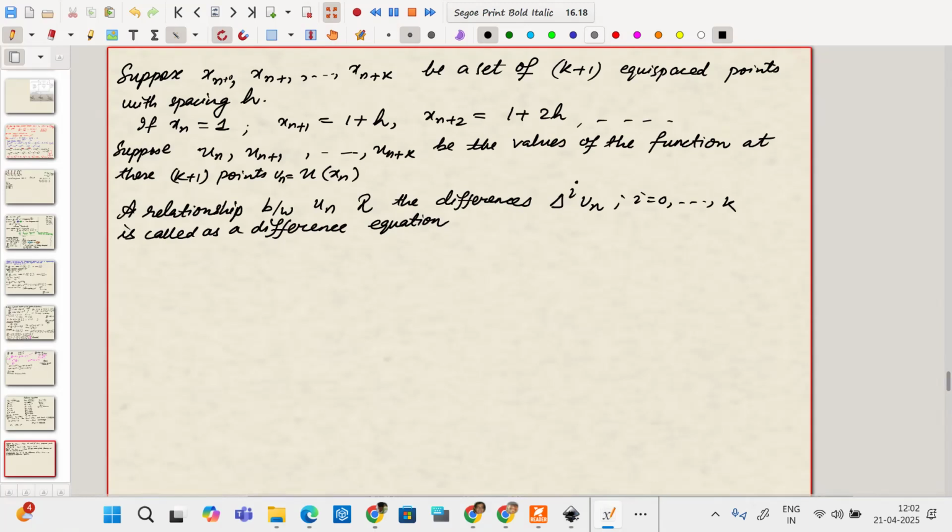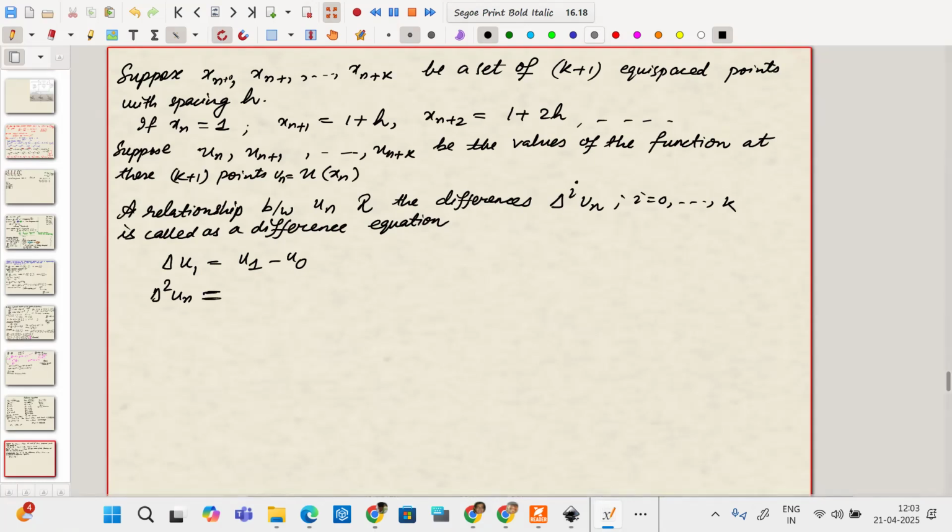So a difference equation is nothing but it connects the value of un with nearby values through the differences. What is delta u1? Delta u1 is nothing but u1 minus u0. What is delta 2 un?